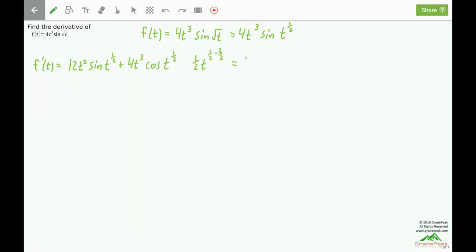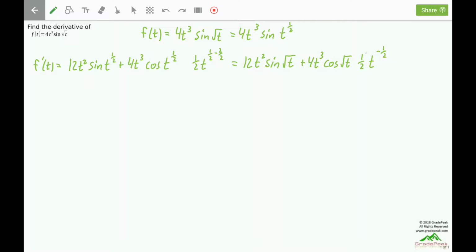So we have a 12t squared sine of t to the 1/2 can be rewritten as square root of t. We have a 4t cubed, and we have a cosine of t to the 1/2, also can be rewritten as square root of t. And then we have a 1/2 and t to the 1 minus 2, which is negative 1/2.